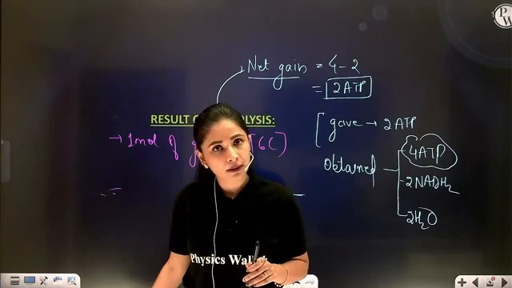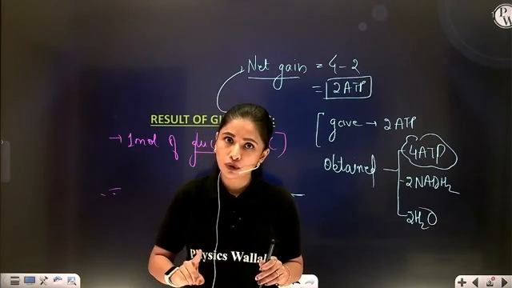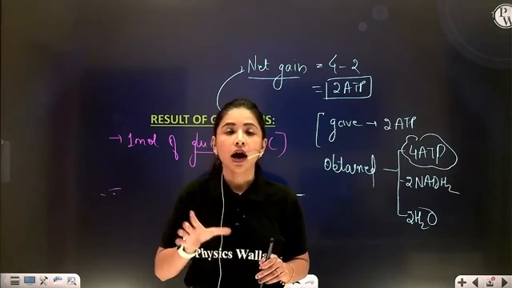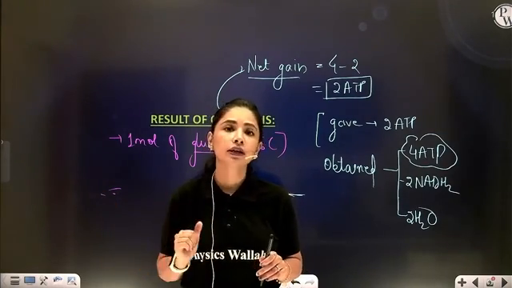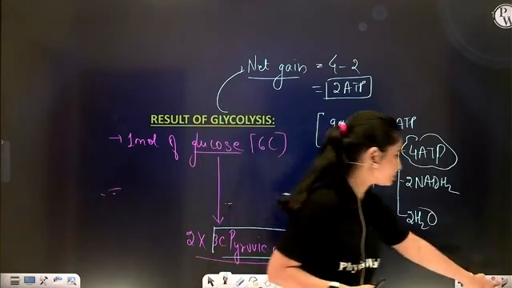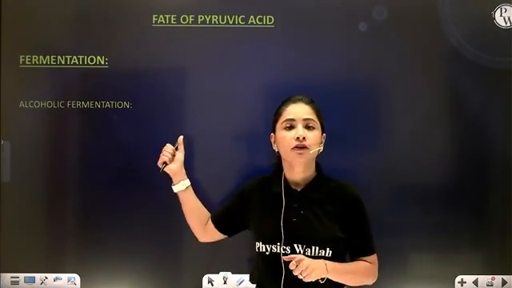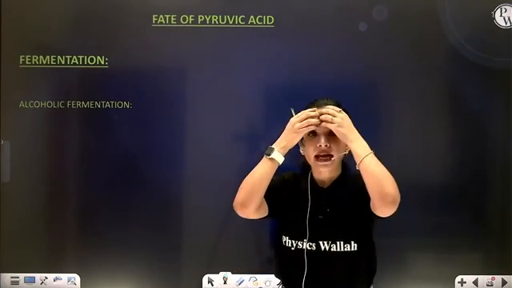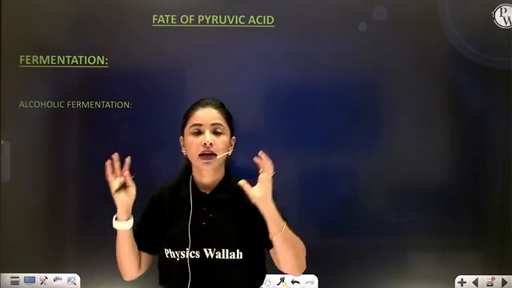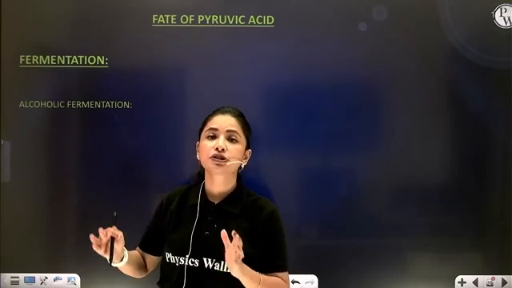We have obtained pyruvic acid from glucose. Now let's see how this pyruvic acid will undergo further breakdown under the heading fate of pyruvic acid. So first I'll be teaching you the condition where oxygen is absent.